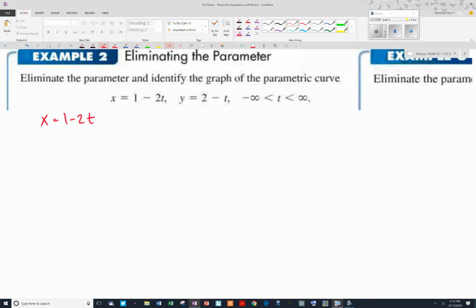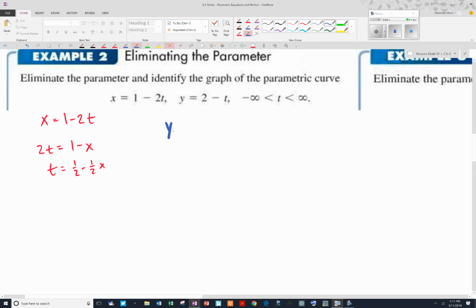So if x equals 1 minus 2t, that would mean that 2t, I'm going to add the 2t over, and then I'm going to subtract the x over, would be 1 minus x, or t would be 1 half minus 1 half x. And now I'm going to put that in for t in the other function.